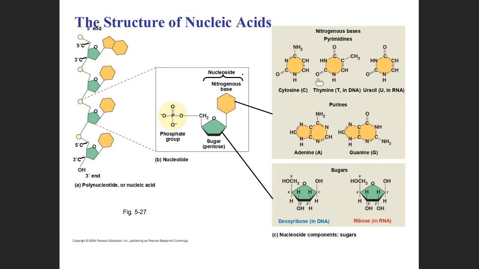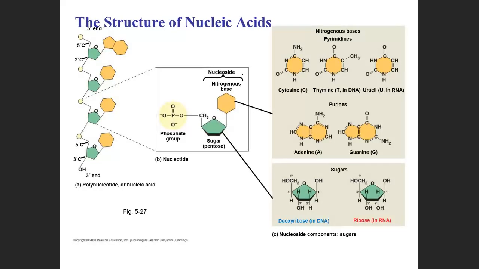In RNA, there's no thymine. It's replaced with uracil. And two purines, adenine and guanine. So these are the nitrogenous bases, and they combine with deoxyribose and phosphate to make DNA, or ribose and a phosphate to make RNA. And we'll learn a lot more detail about DNA and RNA later.